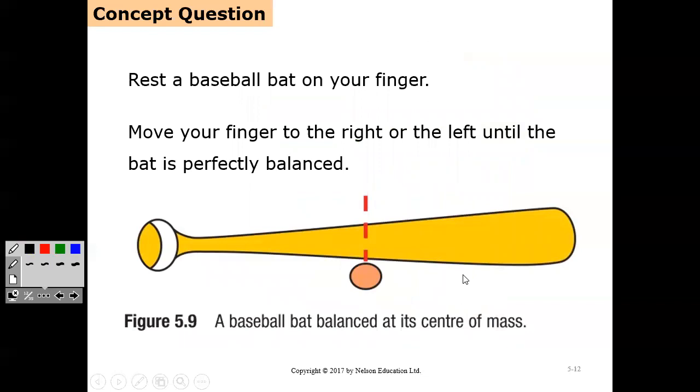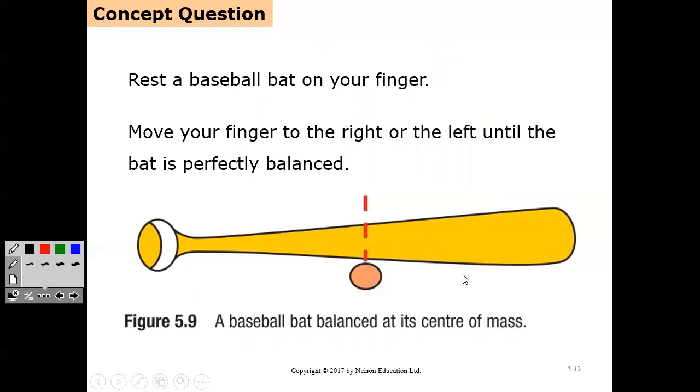So we have a concept question to test you on the center of mass. This is a baseball bat. It has this odd shape, more mass on this side than on this side. You can move your finger to the right or the left.